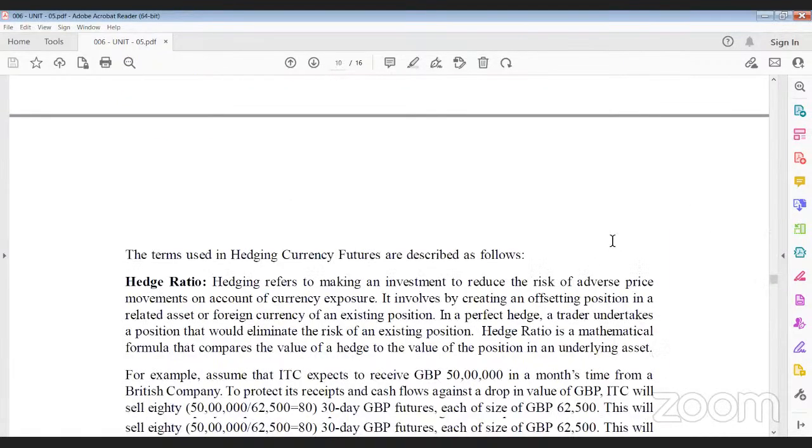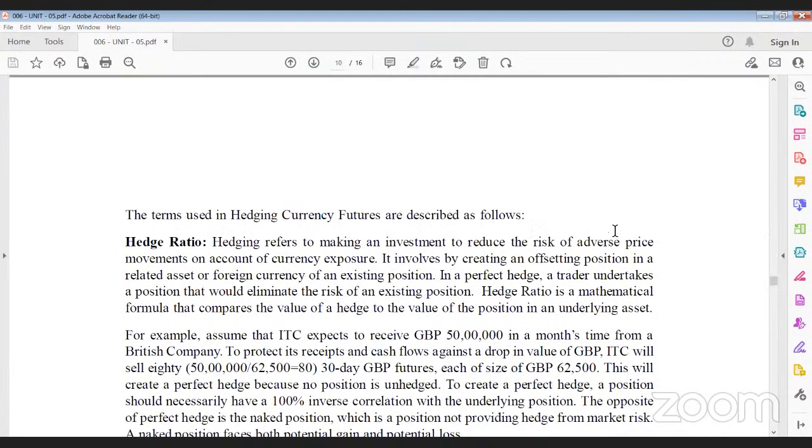The various terms which are usually used in hedging a ratio are: hedging refers to making an investment to reduce the risk of adverse price movements on account of currency. Currencies are exposed here.